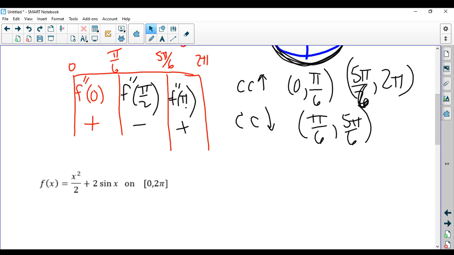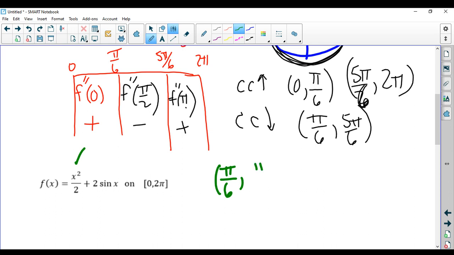If you plug in pi over 6 to this function, the point will end up being pi over 6, comma, pi over 6 squared over 2, plus 2 sine of pi over 6, which is pi squared over 36, divided by 2, which is pi squared over 72.